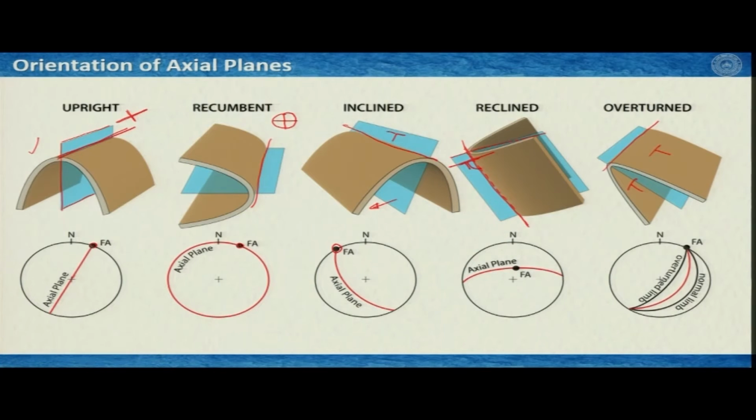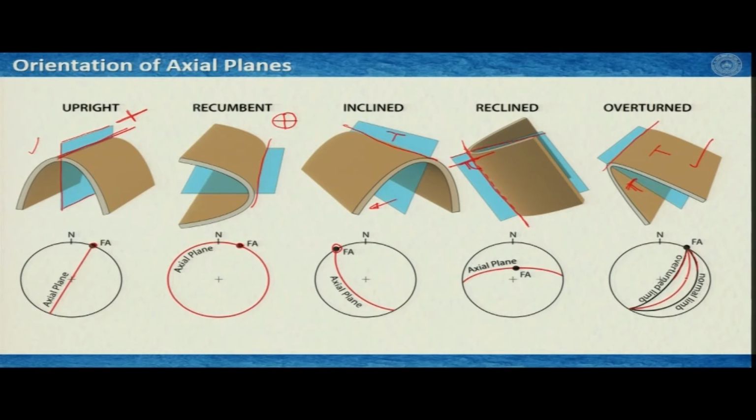In the overturned fold, we call this one the normal limb, which has the lowest dip amount. So this is the normal limb, and then this one is the overturned limb. That means it got turned towards the normal limb, giving rise to the same dip direction but with a different dip angle, and this is therefore the overturned limb.